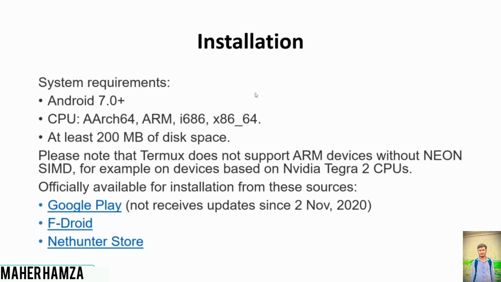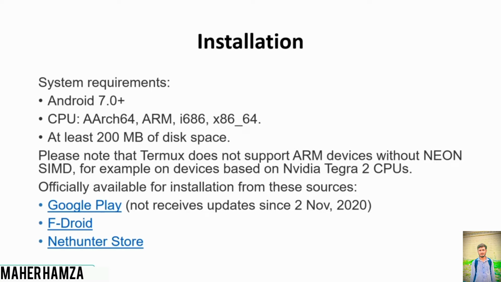The system requirements would be Android 7.0 plus, and the CPU would be AArch64, ARM, i686, or x86_64. All these CPUs can support Termux. At least 200 MB of disk space, that is internal storage, should be available. Also please note that Termux does not support ARM devices without Neon SIMD, for example devices based on NVIDIA Tegra 2 CPUs.